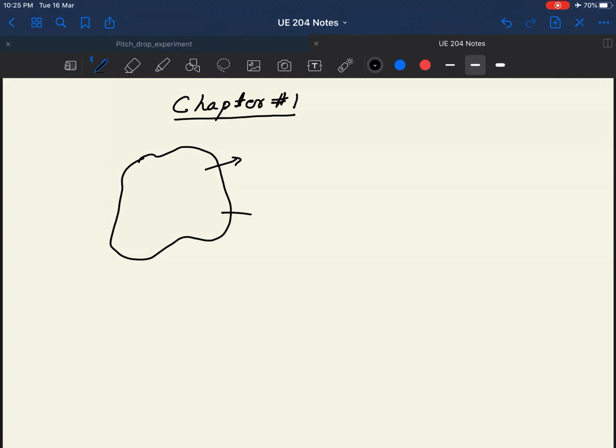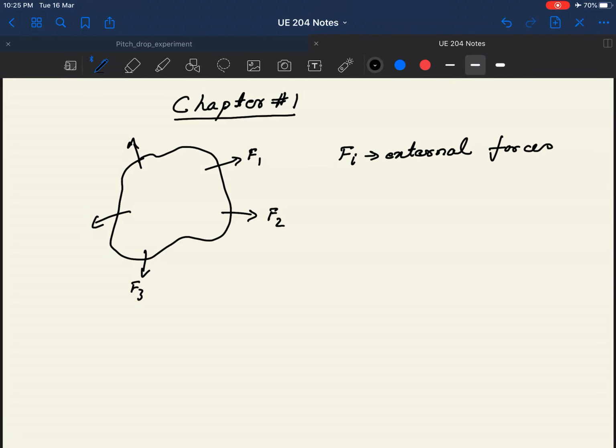So in chapter 1, we are looking at, for example, a body which has not started deforming. So a body has many different forces acting on it. So you have, let's say, F1, F2, F3, etc., and these different forces are all external forces. So when a body is in equilibrium, we know that the summation of these forces is going to be equal to 0, right?